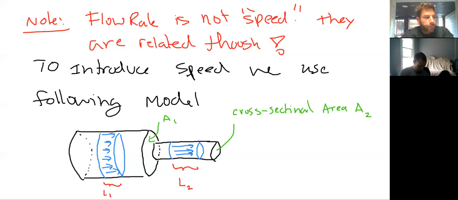I'm drawing this picture looking ahead to what we know happens. I purposely drew L2 to look bigger than L1 because it's going to be.